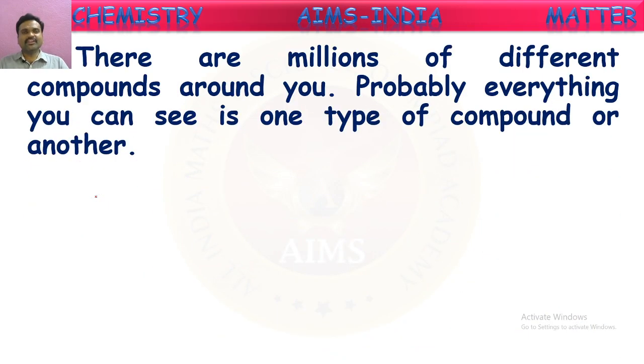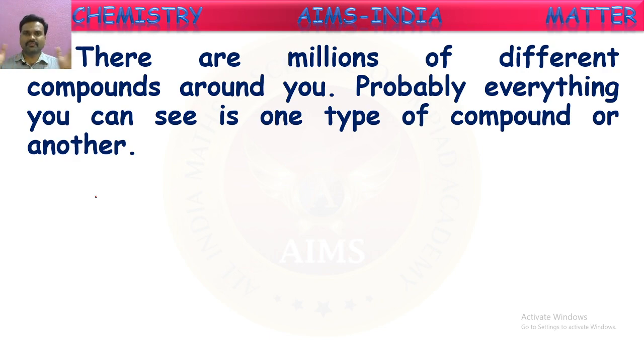There are millions of different compounds around you. Yes, the number of elements is limited or fixed presently. It is 118 elements so far. From these 118 elements only, all elements are combined in different ratios with different elements, forming numerous compounds.